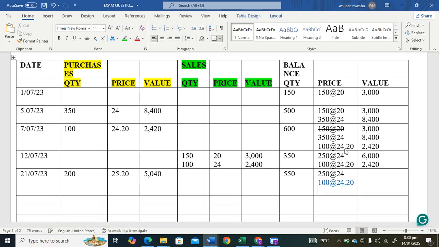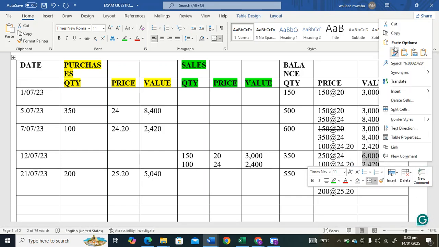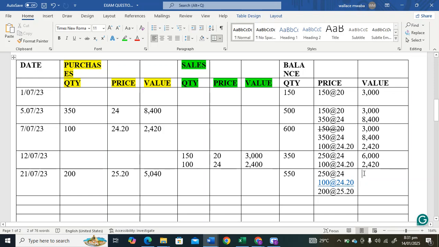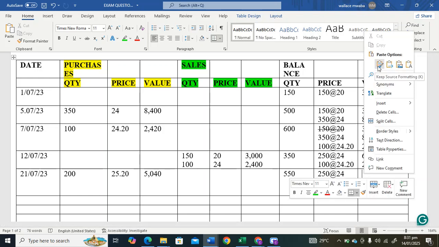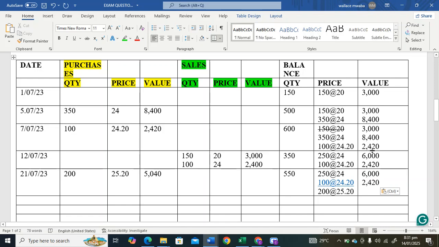Then we include this new batch, 200 at 25 kwacha 20 ngwe. Go to our next transaction.